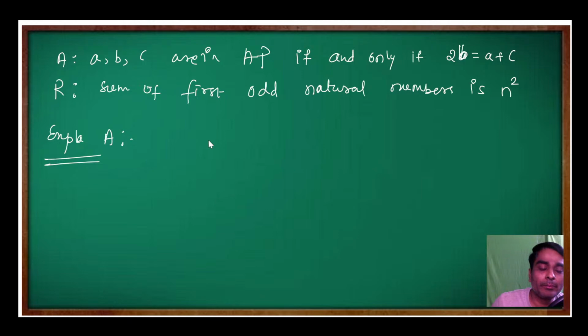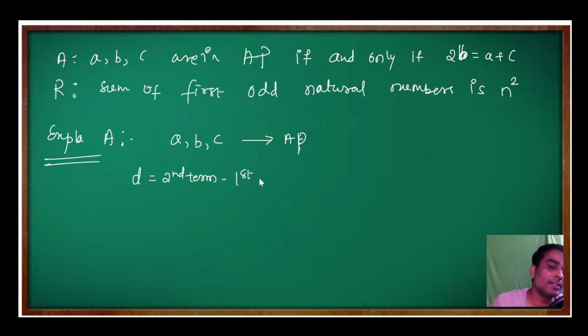So now focus properly. What is happening here? They are saying A, B, C are in AP. If these are in AP, then what will be your common difference? D equal to second term minus first term, right?